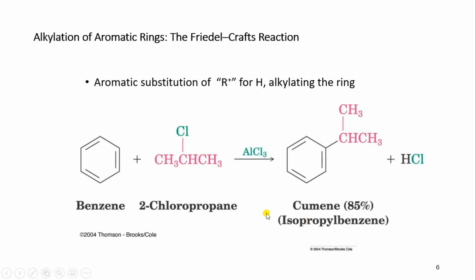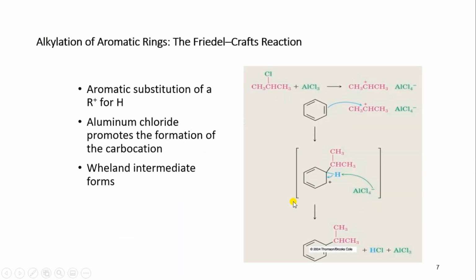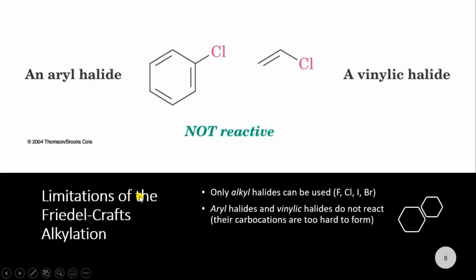So is there any limitation for the Friedel-Crafts alkylation? Can you please tell me what kind of limitations there are? A limitation of the Friedel-Crafts reaction is that only the alkyl halide can be used, such as the fluorine, chlorine, iodine, and bromine.